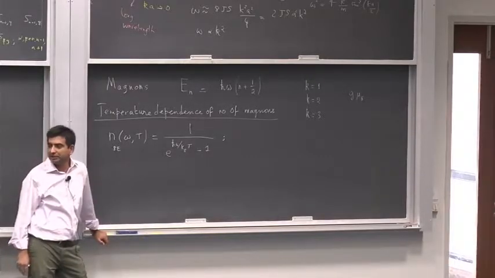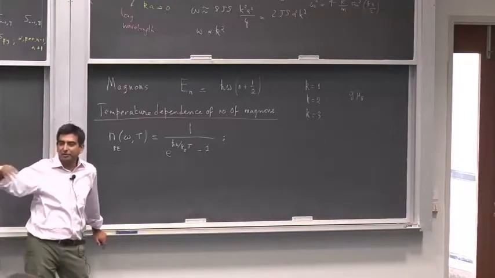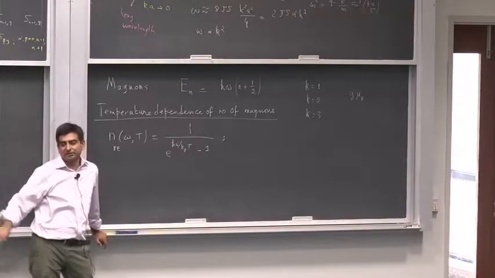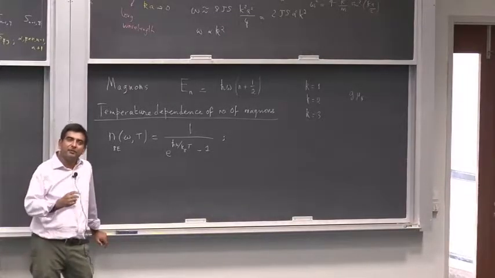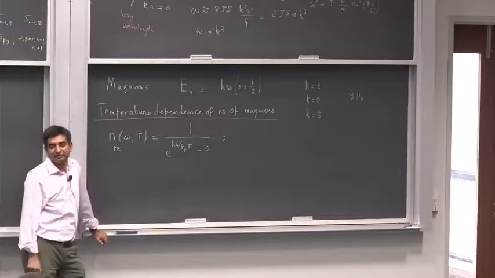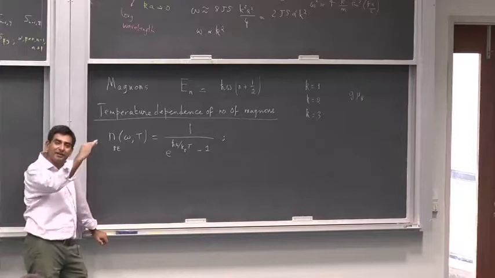It's just one spin that is flipping anywhere inside the solid, but the effect is delocalized. This is one magnon being created. You're moving up one ladder through the creation operator. You're creating a magnon.